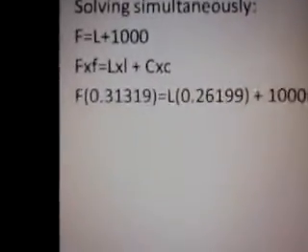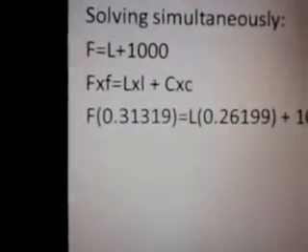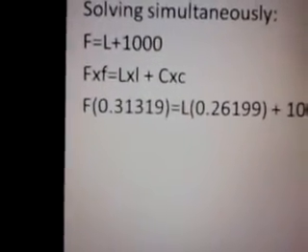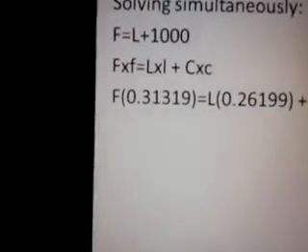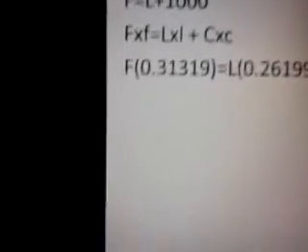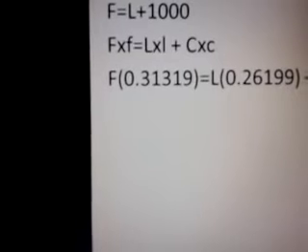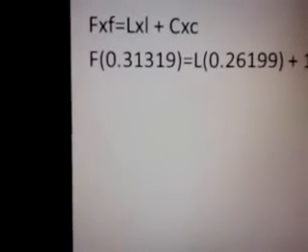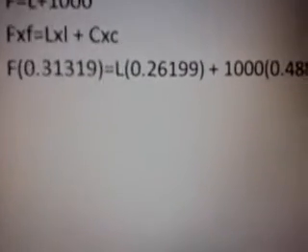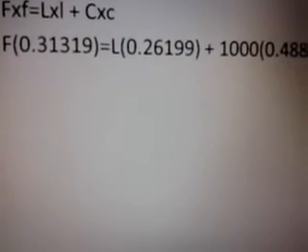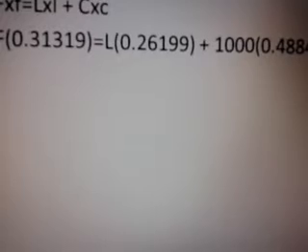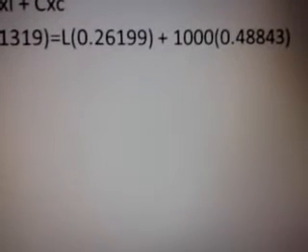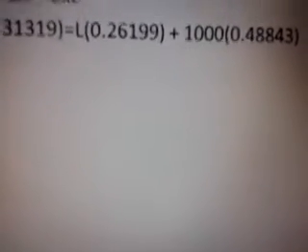Just plugging in all the necessary data. F is equal to L plus C. C is given, so it's 1000. And then F times XF, which is 0.31319, is equal to L times XL, which is 0.26199, plus the crystals 1000 times 0.48843, which is the XC.